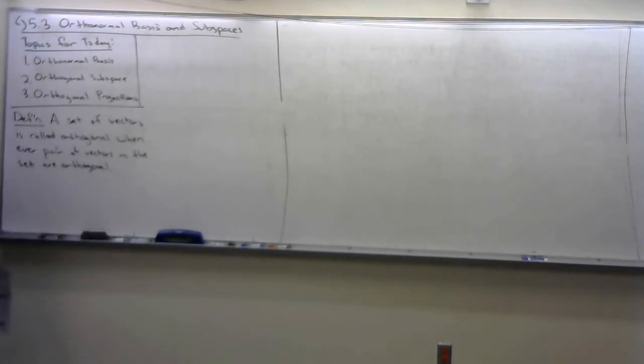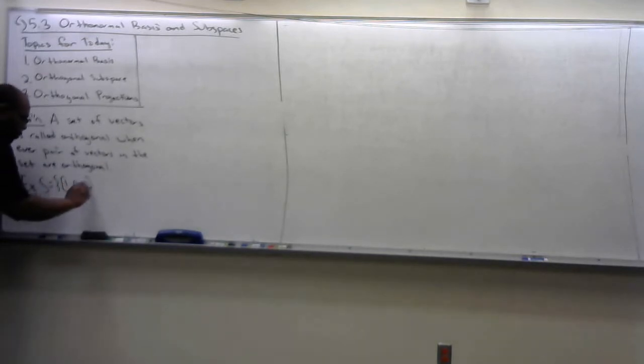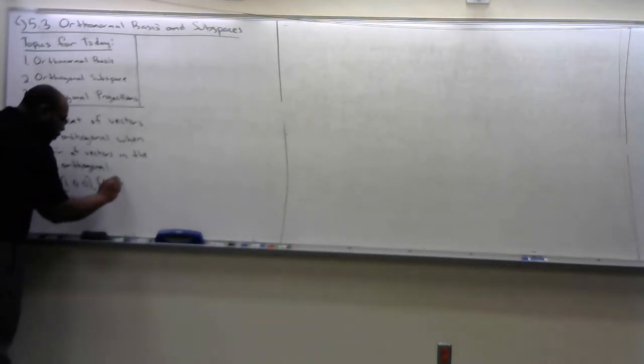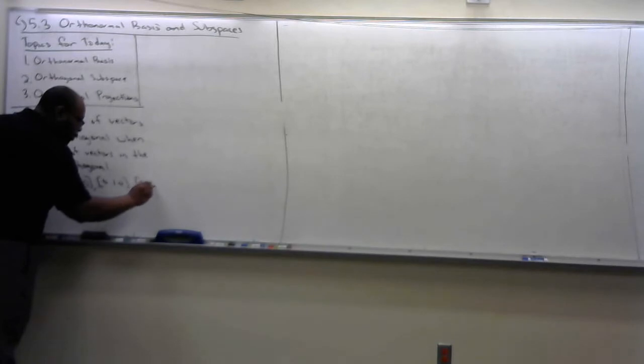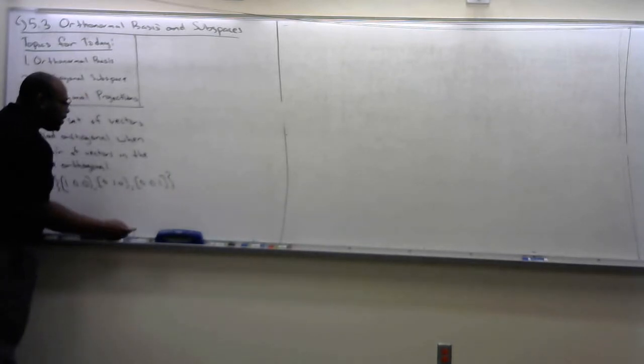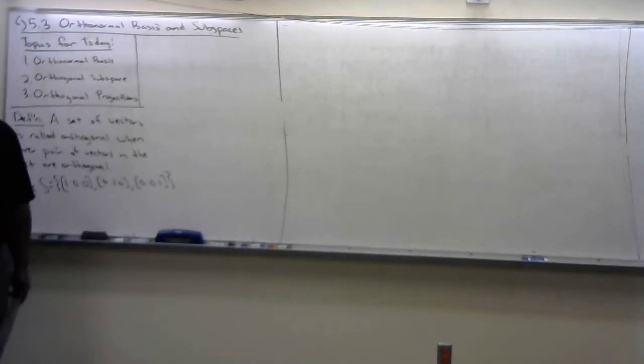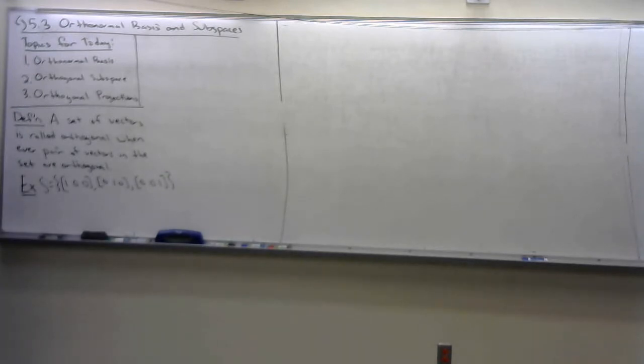Kind of the standard one that people are used to seeing, one that's pretty straightforward, is the set of vectors from our standard basis, where we have (1, 0, 0), (0, 1, 0), (0, 0, 1). This is the standard basis in R3.